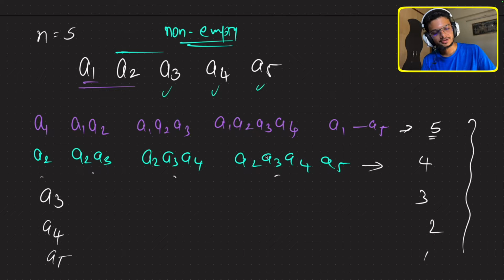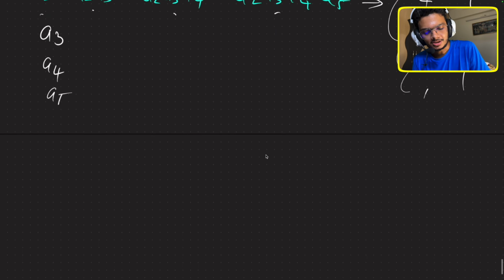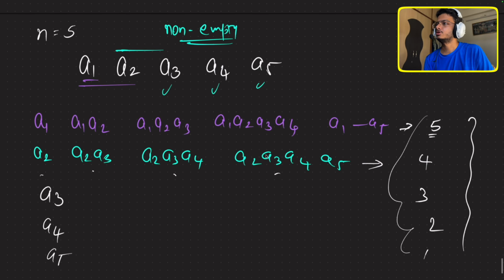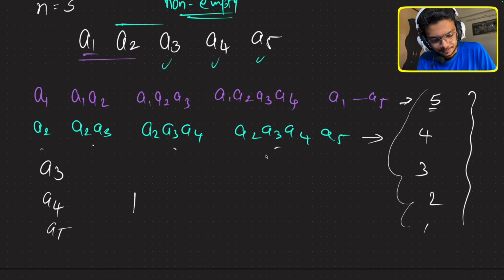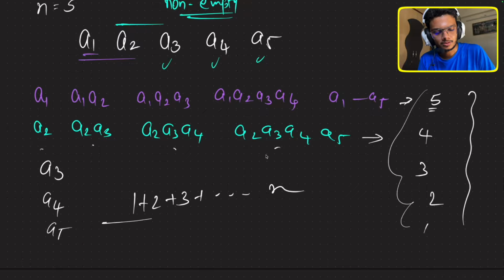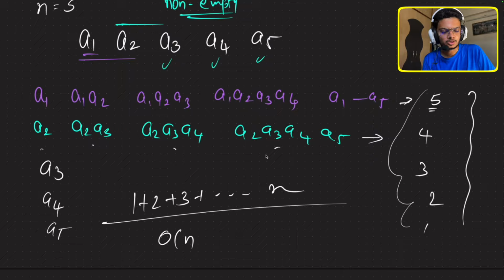So what is the total number of subarrays you have? 1 plus 2 plus 3, 4. So you can clearly see if you had n elements, the total number of subarrays would be 1 plus 2 plus 3 plus so on till n. What is this? The sum of the first n natural numbers, which is nothing but n into n plus 1 by 2. In other words, order of n square.